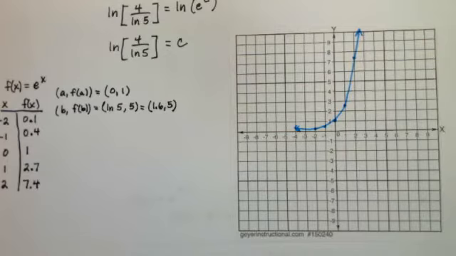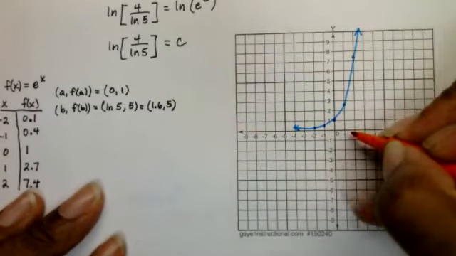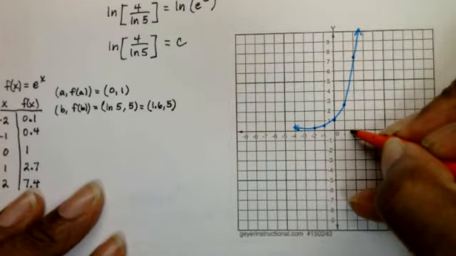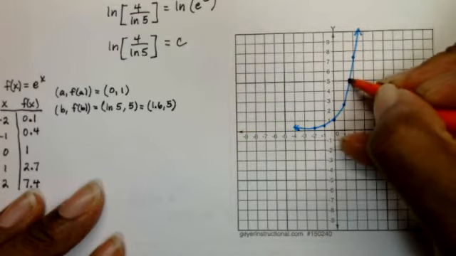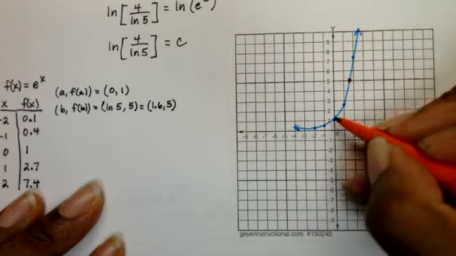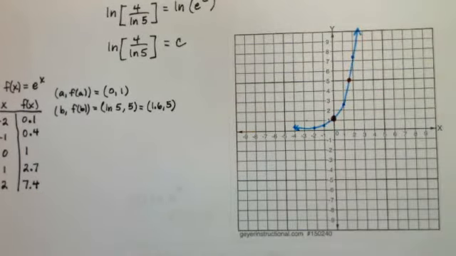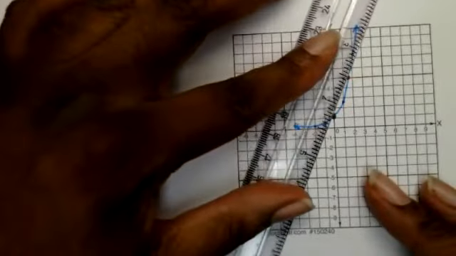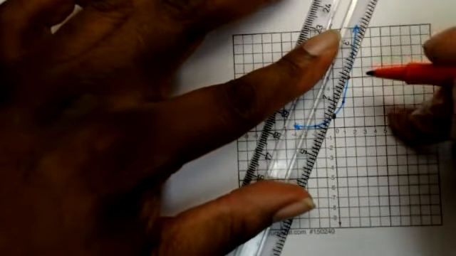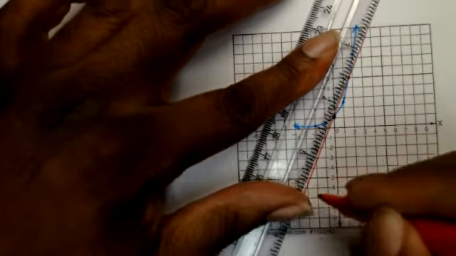Now let's plot those, and I'm going to use red here. 1.6 will be to the right, about right here, and up to 5. So that would be this point right here. And 0, 1 would be this point right here. And then if I connect those 2 points on the coordinate plane, this will be the graph of the secant line.